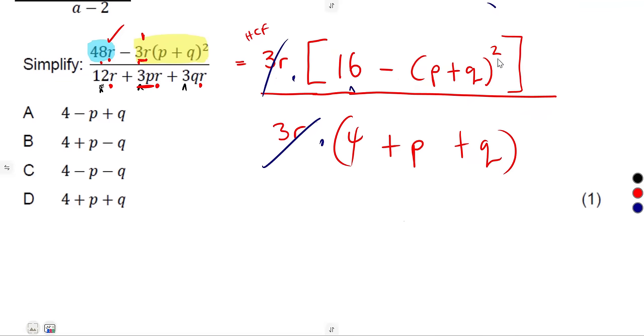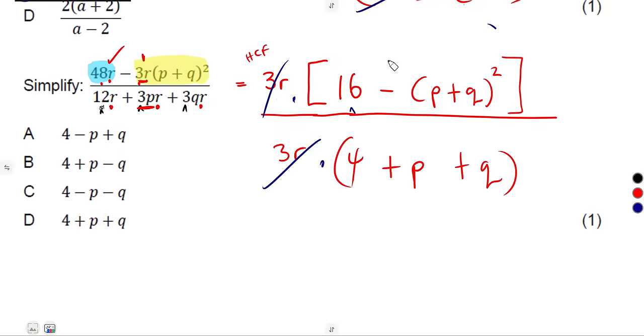It's a perfect square. It's also a perfect square. So as we consider perfect squares with a negative, that's a difference of two squares. A squared minus B squared is going to give us A minus B into A plus B.